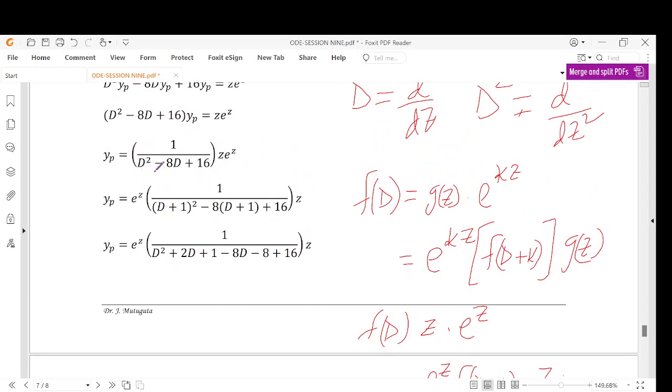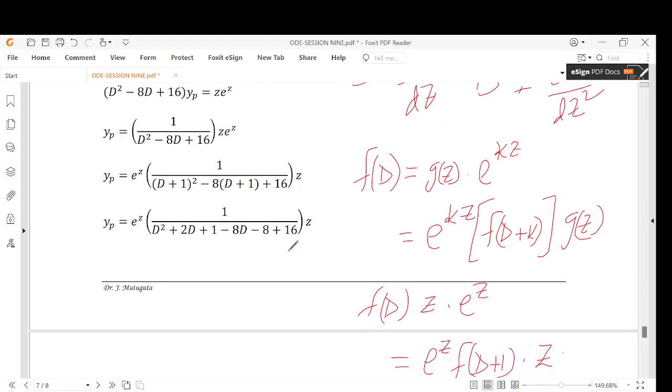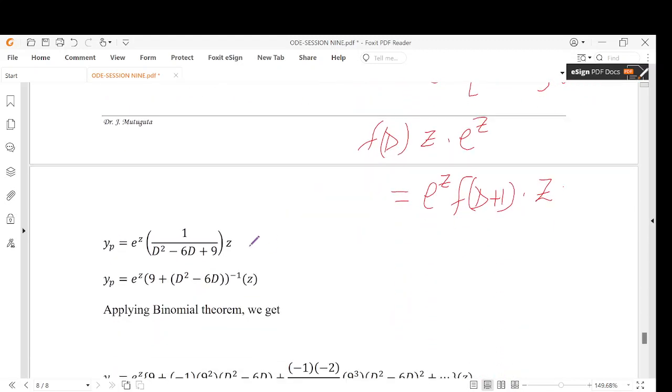So here D in this expression we replace with D plus 1. We simplify this, and we see that this reduces to D squared minus 6D plus 9 operating on z. So we apply the binomial theorem to this.